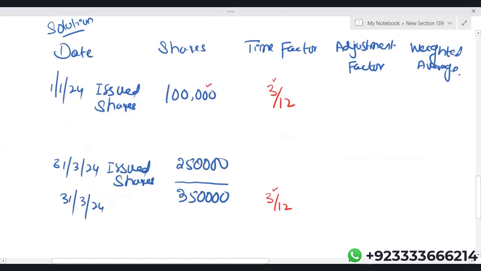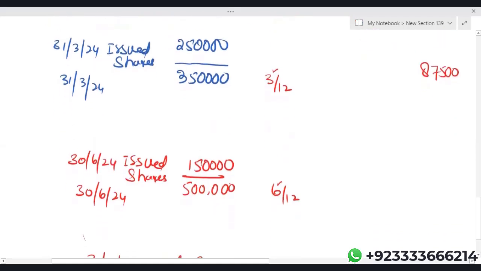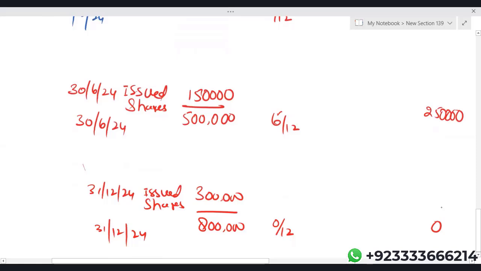So 100,000 times 3 by 12, I strongly believe 25,000. So let's say 3,50,000 multiplied by 3 upon 12, I'm getting 87,500. 500,000 times 6 by 12 will give 2,50,000. Then obviously 0.